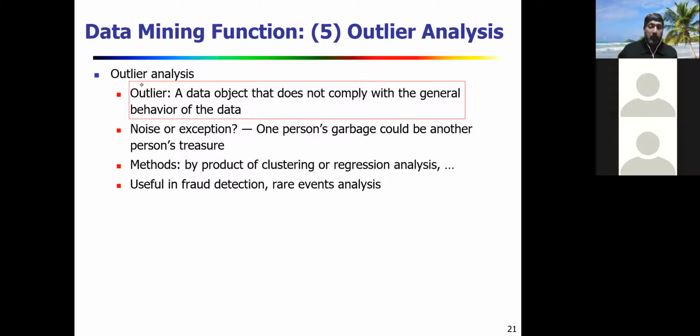So that's a sudden spike in buying. So that might indicate a fraud. For example, someone has stolen his card and is using it to buy a lot of things. So outlier analysis is basically trying to find such incidents in data. So we will be discussing outlier analysis as well in fair amount of detail.